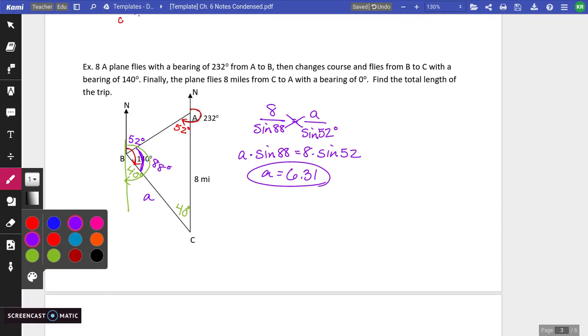Okay, then we're going to need to set up another law of sines and find side C. So side C divided by the sine of 40 degrees. Again, solving.